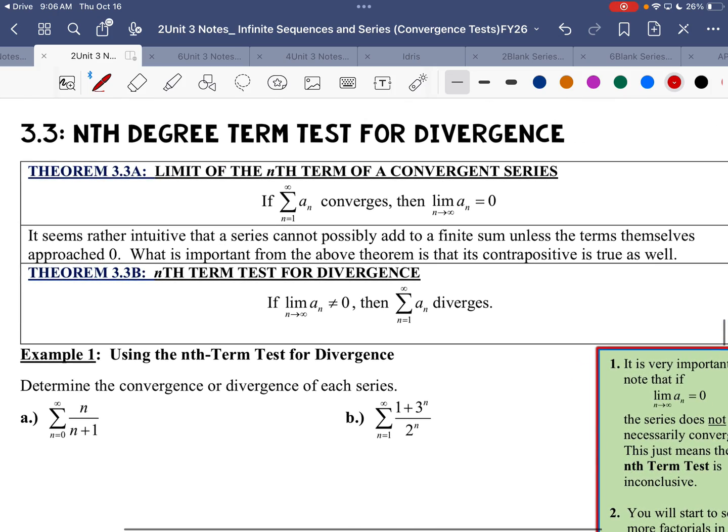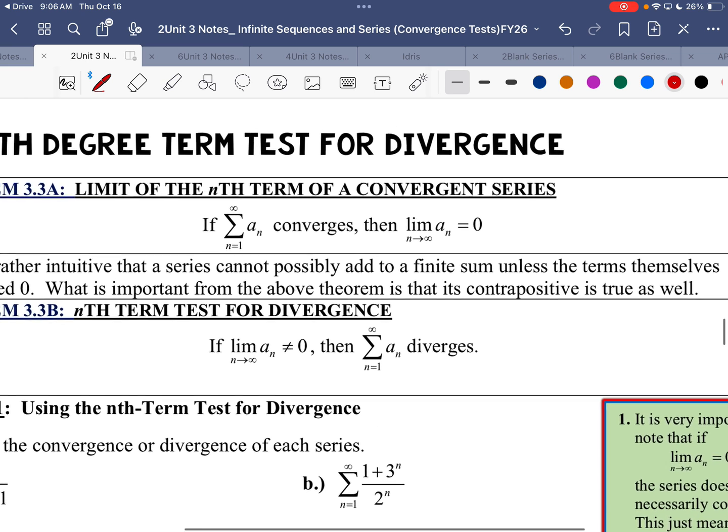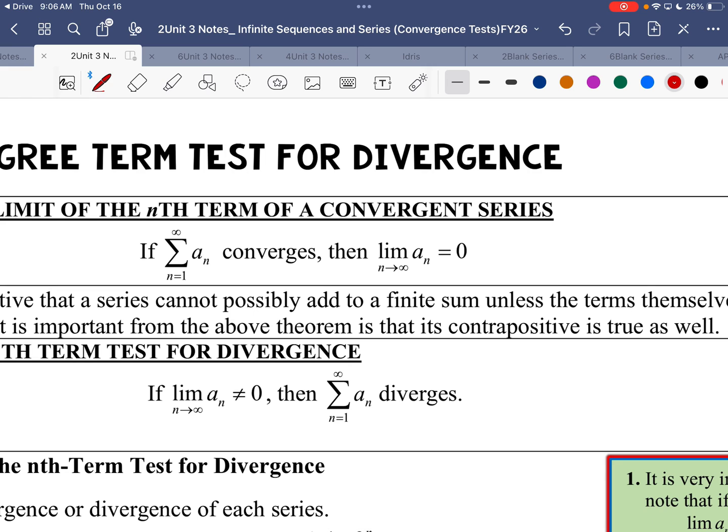Nth term test for divergence. So if a series converges, then the limit would equal 0, is like this theorem.